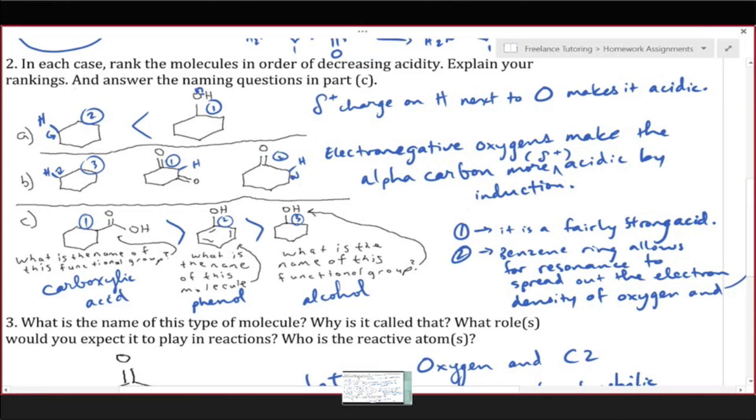And in this case, molecule number 2, that negative charge could be resonance stabilized with that oxygen. And so that makes it a preferred, more stable product, making that reaction go more easily, which would result in a stronger acid than the molecule number 3.